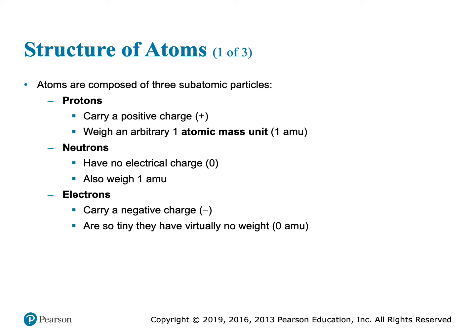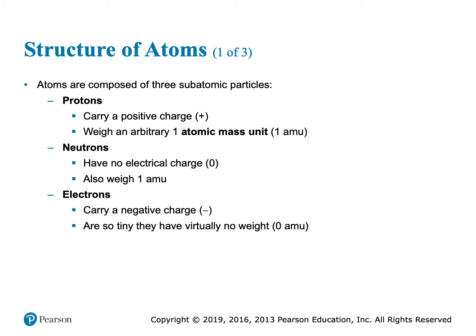So would it make sense to have a stable atom? You need the same number of protons as electrons so that it's balanced. Most of the time, that's what we consider on a periodic table.